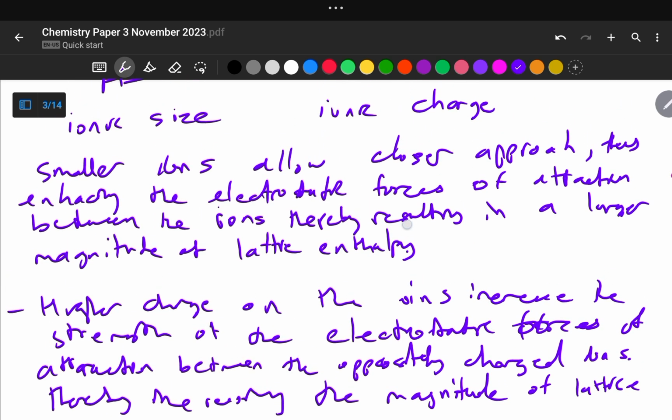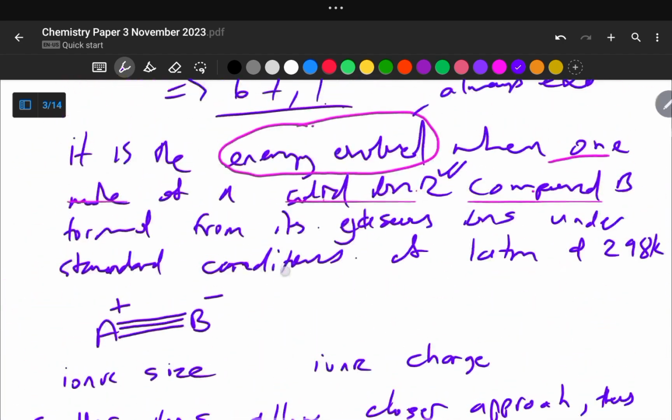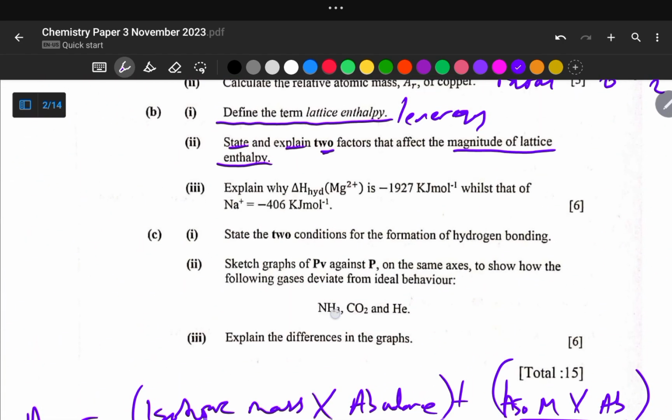We're now moving on to the next part, which says explain why the enthalpy change of hydration of magnesium is equal to 1927, whilst that of sodium is equal to 406. Enthalpy change of hydration is always negative, meaning it is always an exothermic reaction.